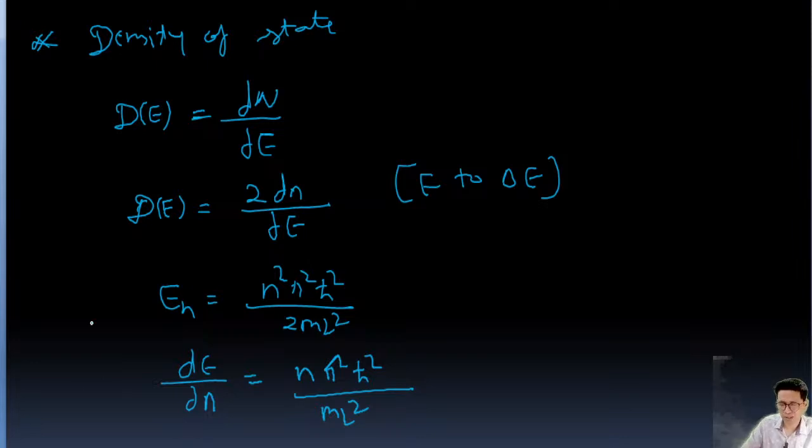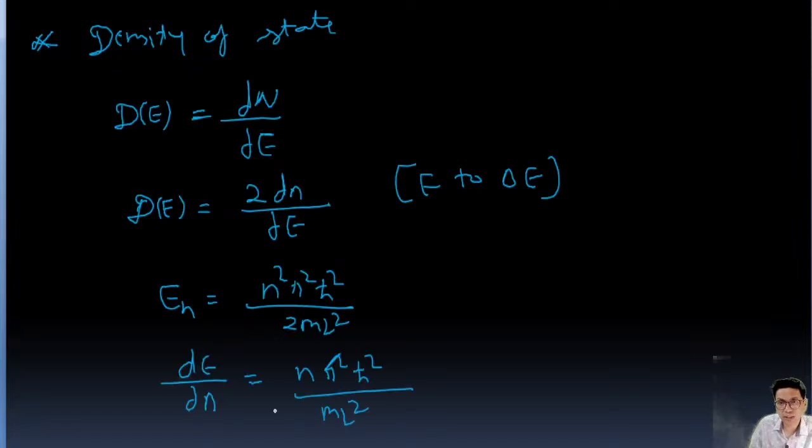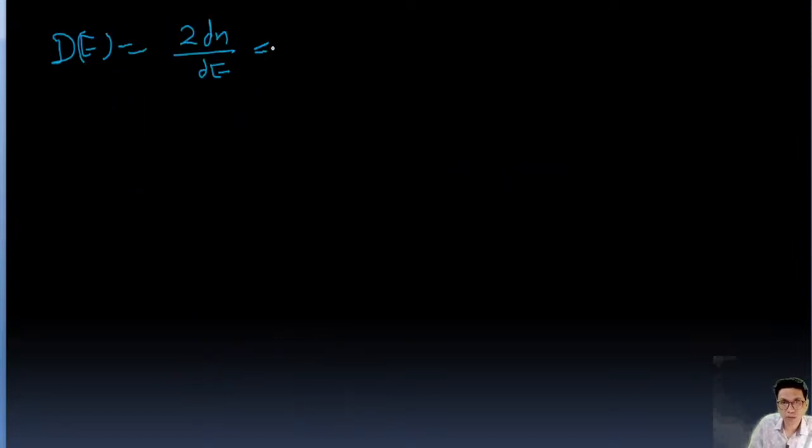We need to find dn upon dE, so the density of state g(E) is going to be 2 dn upon dE, and with dE upon dn as found, this is going to be 2 into mL² upon nπ²ħ².